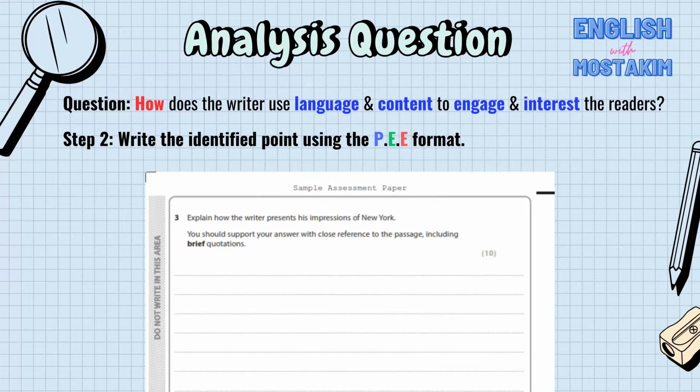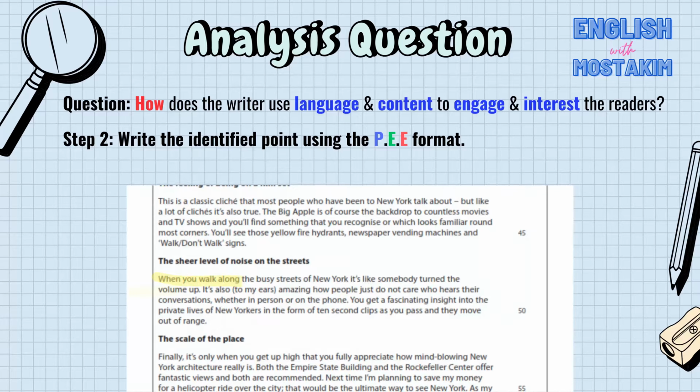Now let's look at an example of how we can use this format to write down our answers. In this sample question, the question asks us to explain how the writer presents his impressions of New York City. From the corresponding text to the question, let's say we have identified this highlighted line as a language point that serves the question. What kind of a language point is this?